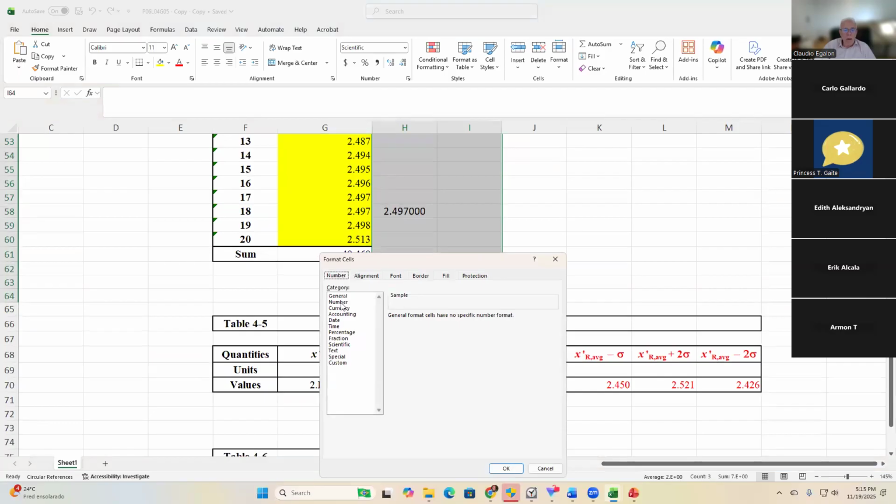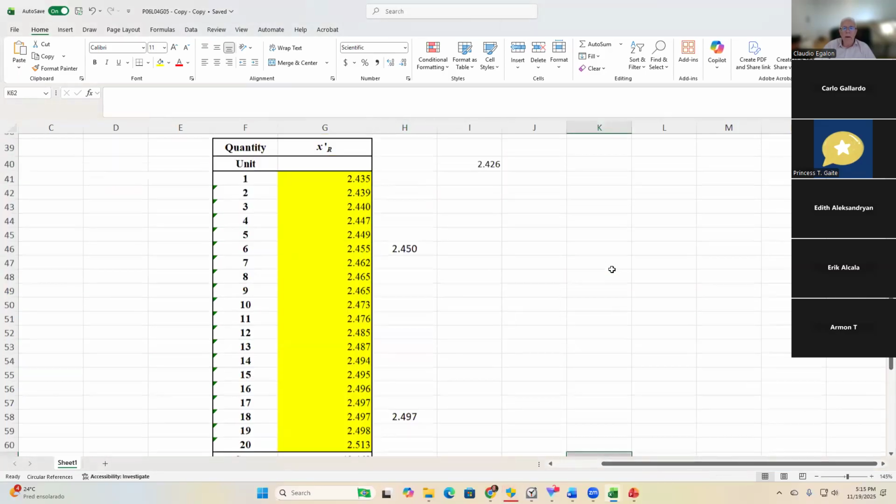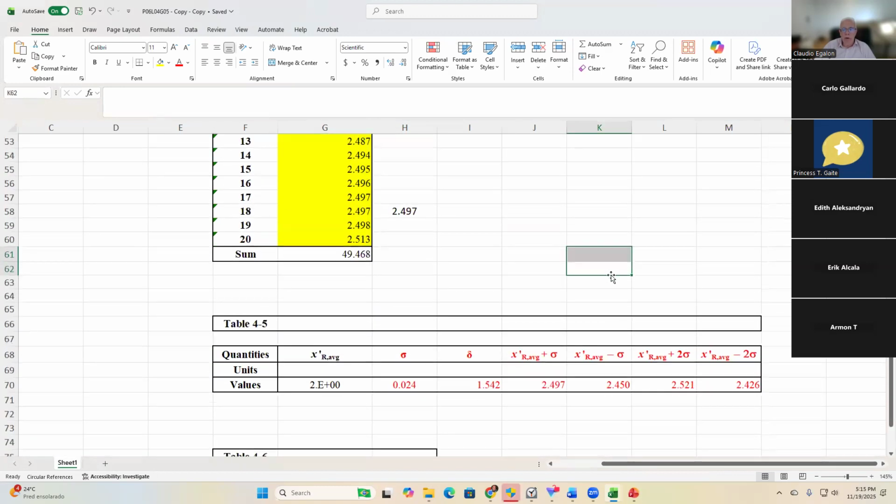Format cell number 3. Here you go. 2.426. And what about plus 2 sigma? 2.521. Oh, it's outside. Huh? 2.521 is right in here.